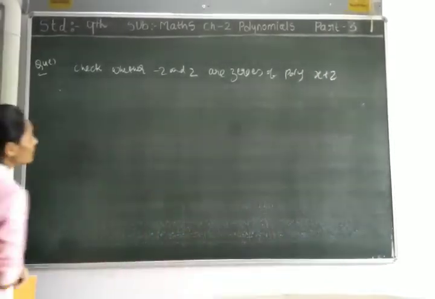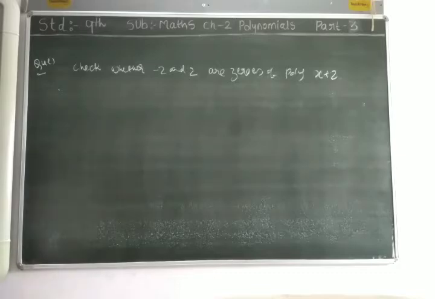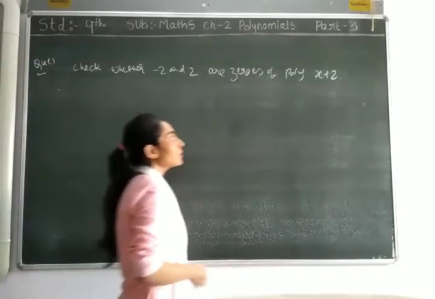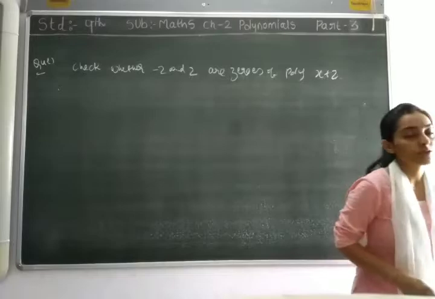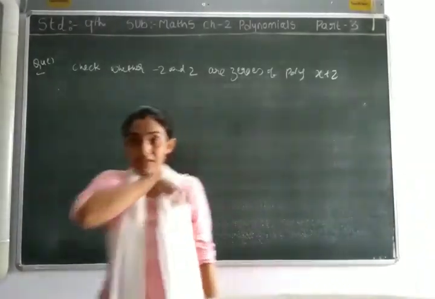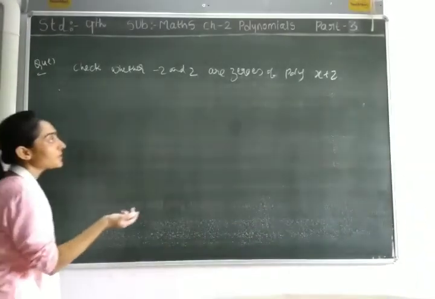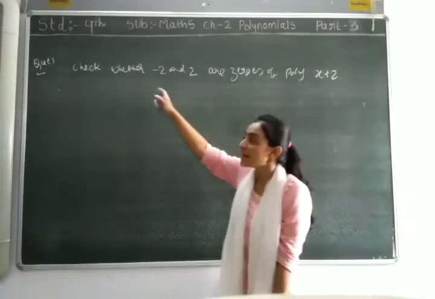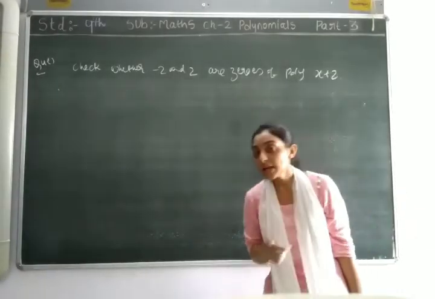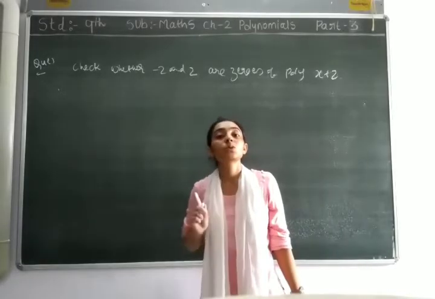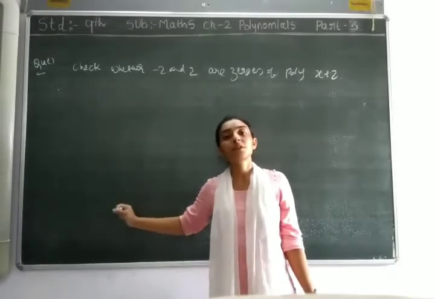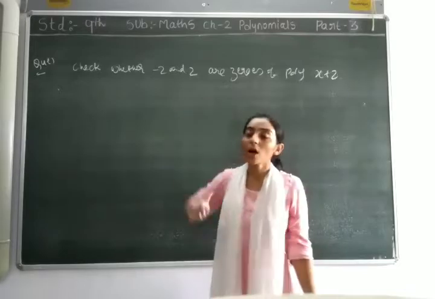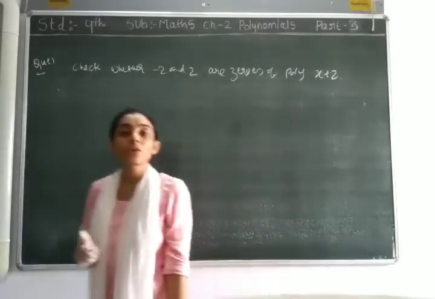We have to check whether -2 and 2 are zeros of the polynomial x plus 2 or not. It means when we put x equals to -2 or 2, my resultant value should be equal to 0. If I am not getting 0, it means these are not zeros of that polynomial.